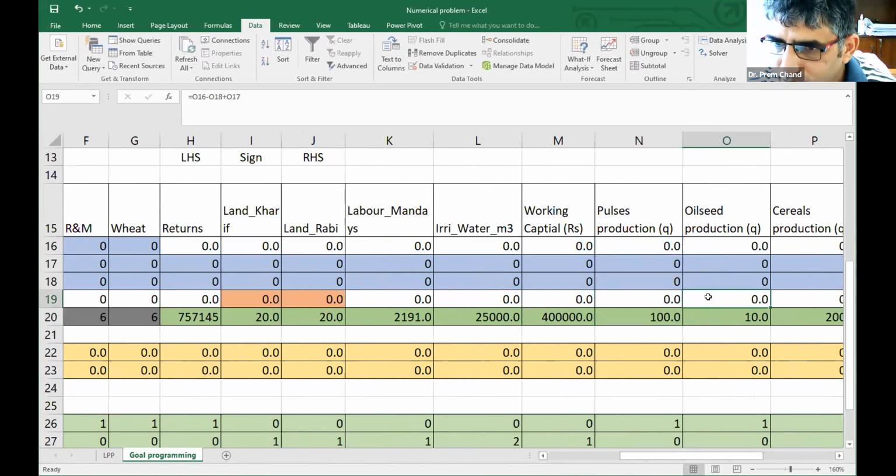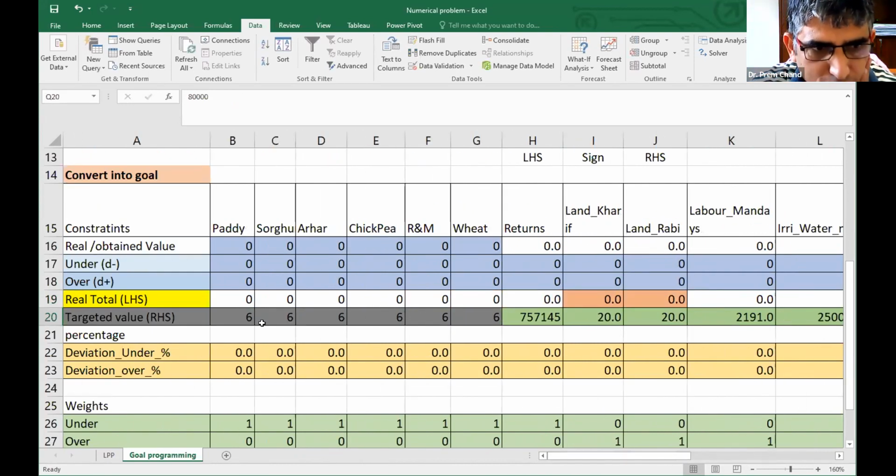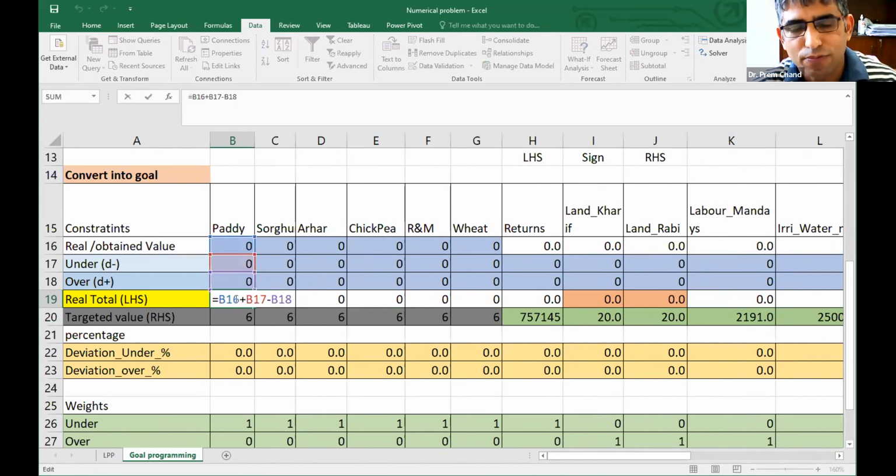Pulse production, I can accept less. Cereal production, I can accept less or more. So my goal I have expressed in the form of an equation.